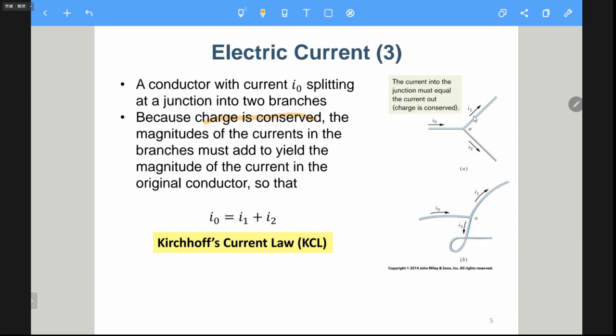So according to charge conservation, I0 must be I1 plus I2. So the sum of the currents going into this node will be equal to the sum of the currents going out from that node.